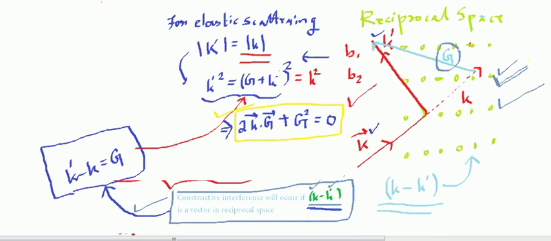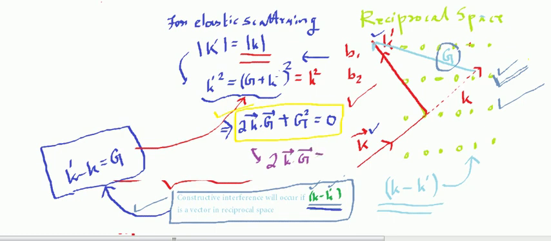However, this can also be written in a better form. The better form says that you can use a minus g, so this can also be written as 2 k dot g equals g square.